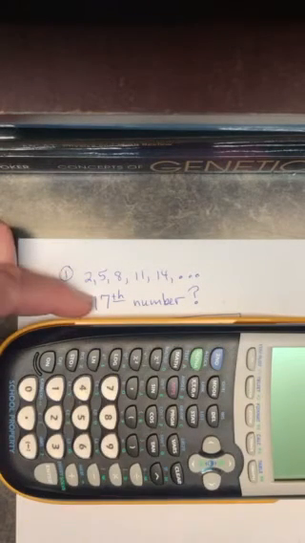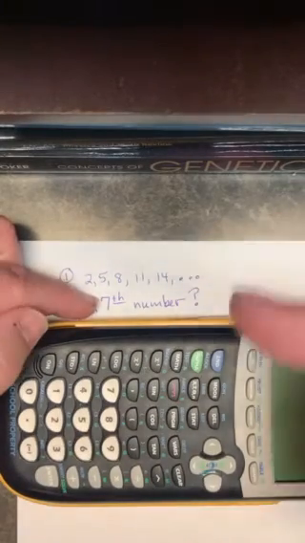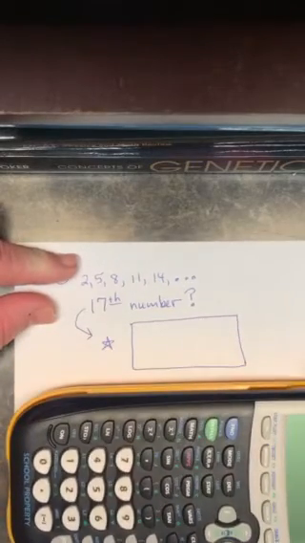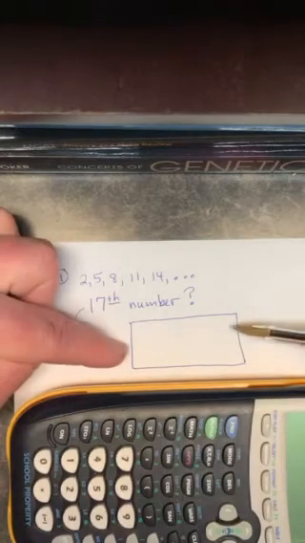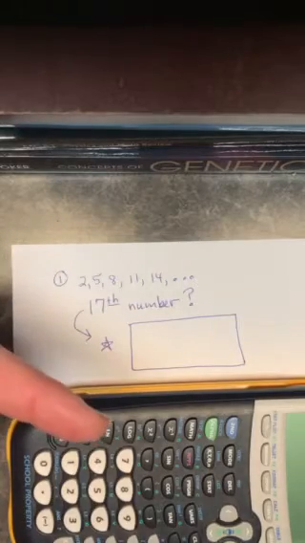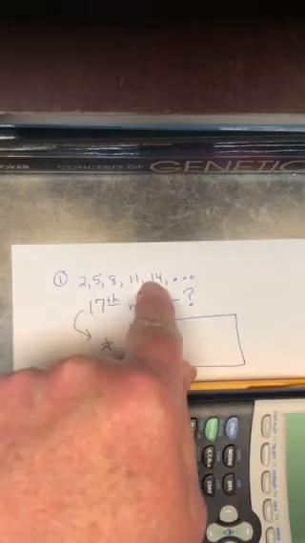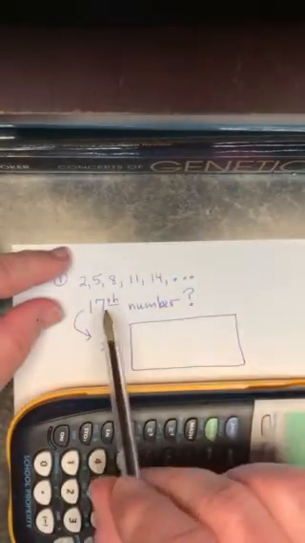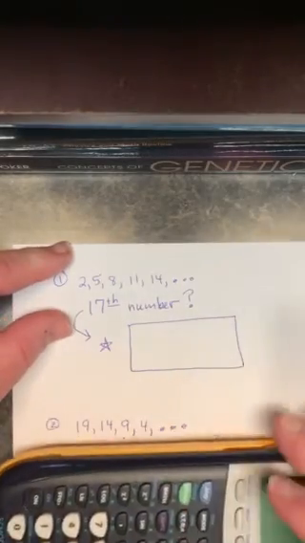Obviously, to find the 17th number or the 28th number or the 53rd number, there must be an important formula we've got to remember. So on your paper, put a big star and make a box. And in this box is our first critical formula of our new chapter here. If I've ever got an arithmetic sequence and I can tell what the common difference is, to find the 17th number or the 18th number or the 50th number, we use this formula.